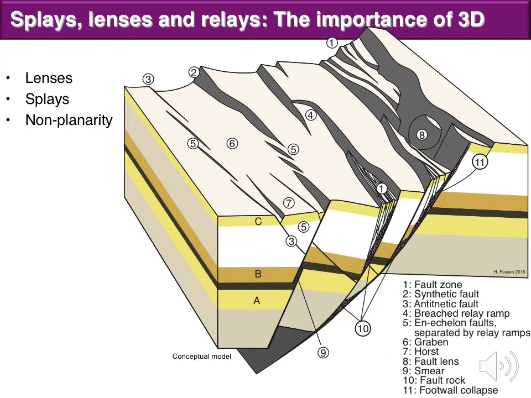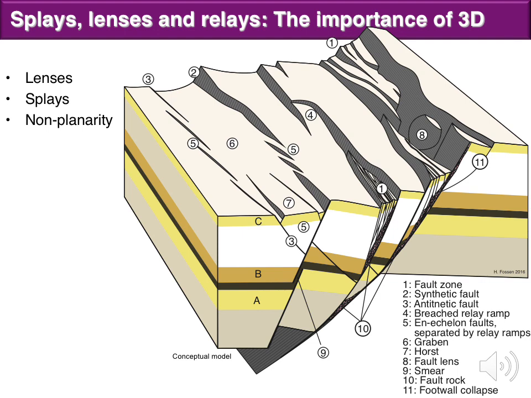So that takes us to the last slide that summarizes some of the complexities that we oftentimes encounter in fault populations, normal faults in this case, with fault zones, all kinds of relay structures and fault linkage structures that are very important for communication.